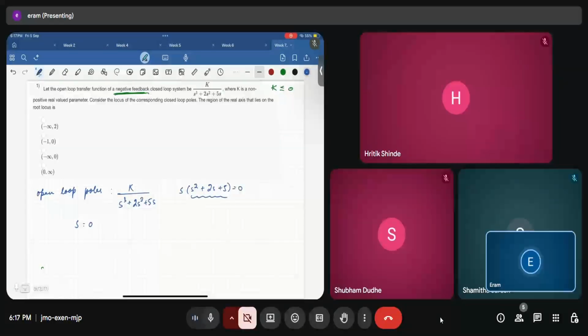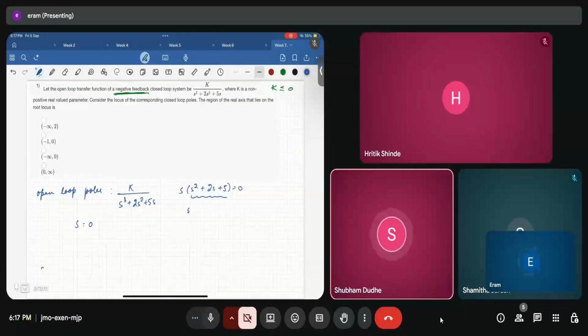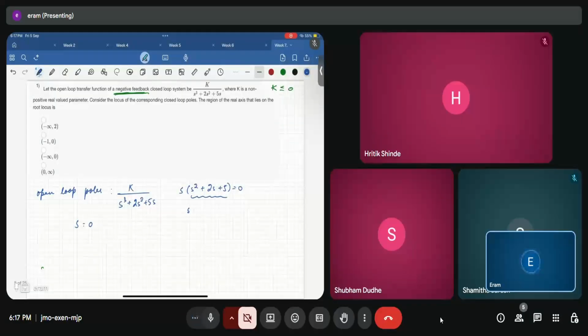The solutions are minus 1 plus 2j and minus 1 minus 2j. Yes, correct. So the poles are s equals 0, minus 1 plus 2j, and minus 1 minus 2j.